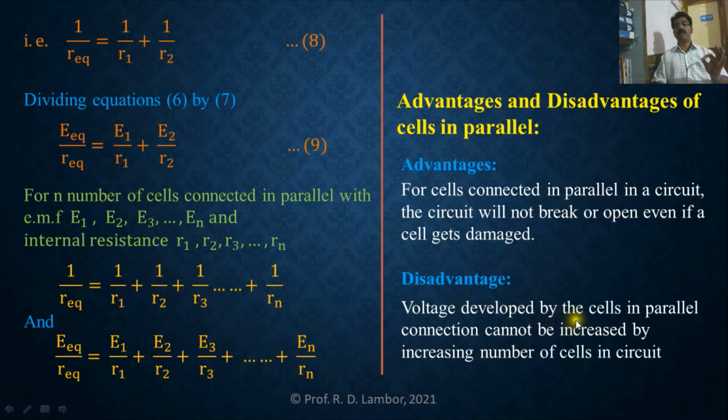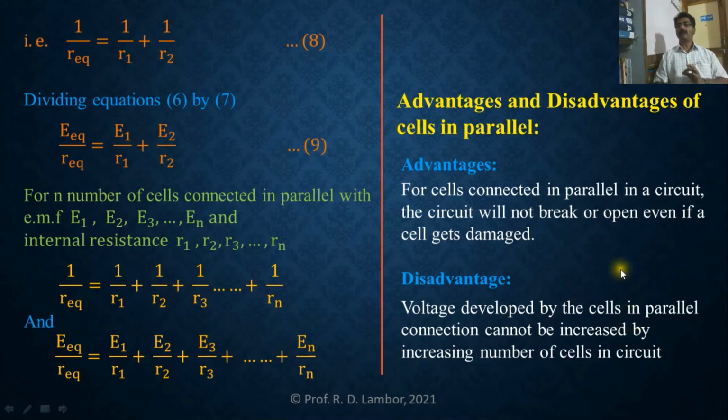So voltage developed by the cells in parallel connection cannot be increased by increasing the number of cells in the circuit. That is, in parallel combination of cells, we can only increase the current rating and current capacity of the battery, but we cannot increase the voltage rating of that battery by increasing the number of cells. If the number of cells is increased, the current rating will increase, and the voltage rating will remain the same as it is. So this is how we studied the second type of combination of the cells, in parallel.